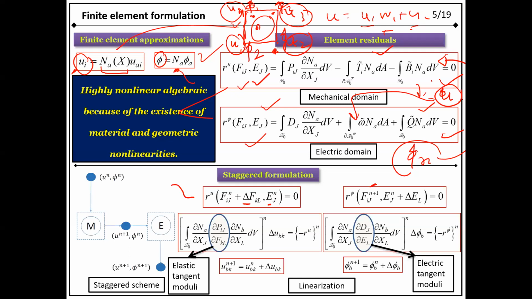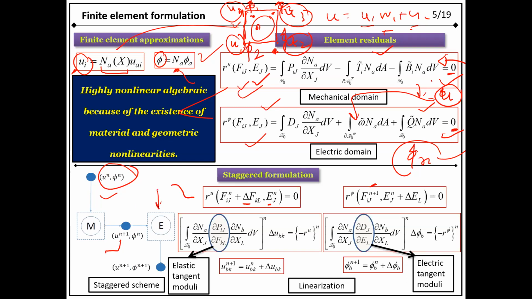This iterative process will continue until the residual is 0, until this equation is satisfied. I have also depicted this here. For example, these are the initial values for u and phi, and by using the first equation you can obtain u at n plus 1, while phi remains the same.